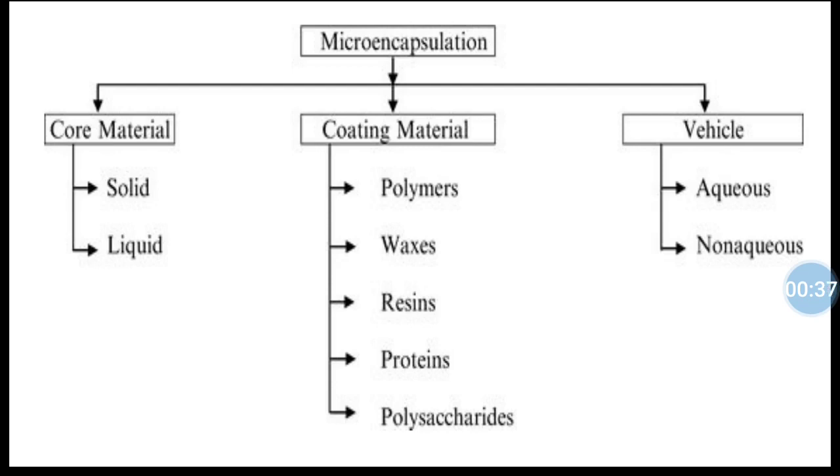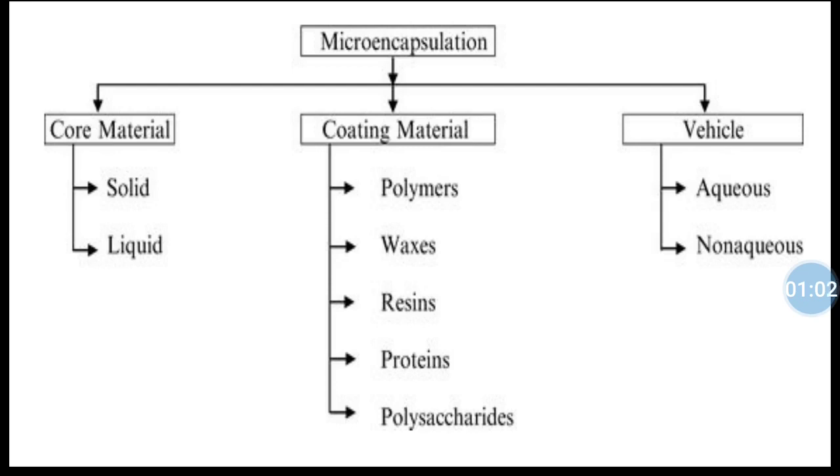These are known as microcapsules because the size of the product will be in microns, and there will be a vehicle to cause microencapsulation. So, microencapsulation techniques will have a core material, coating material and vehicle.